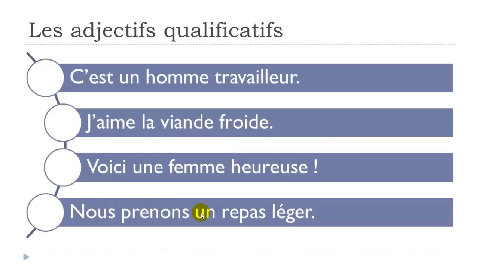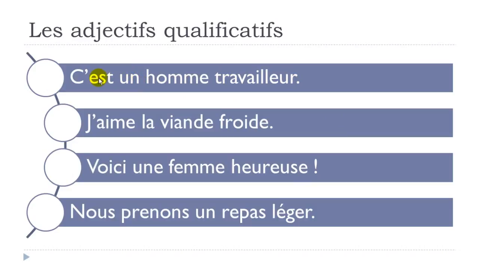Nous prenons un repas léger. Alright, so if we take a minute to look at it, you've got here travailleur, froide, heureuse, léger, so they are adjectives, okay? And you've got to keep in mind that you will have to put whether the masculine or the feminine, singular or plural form according to the word it is connected to.